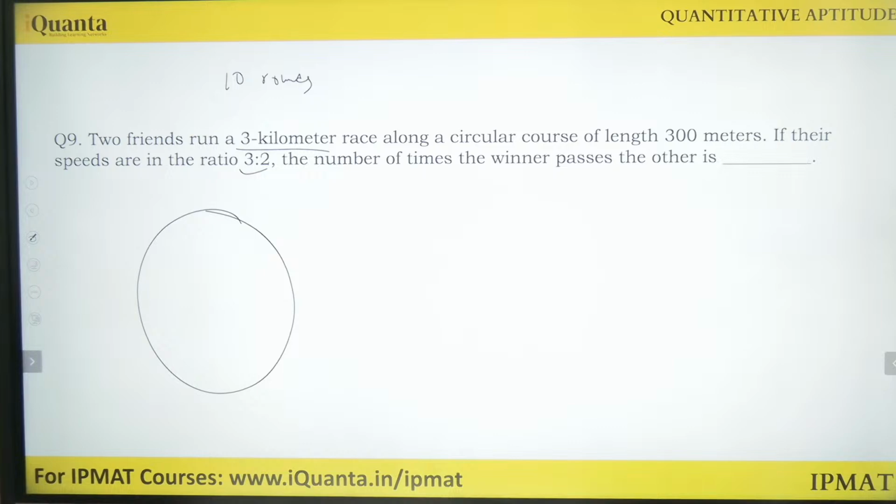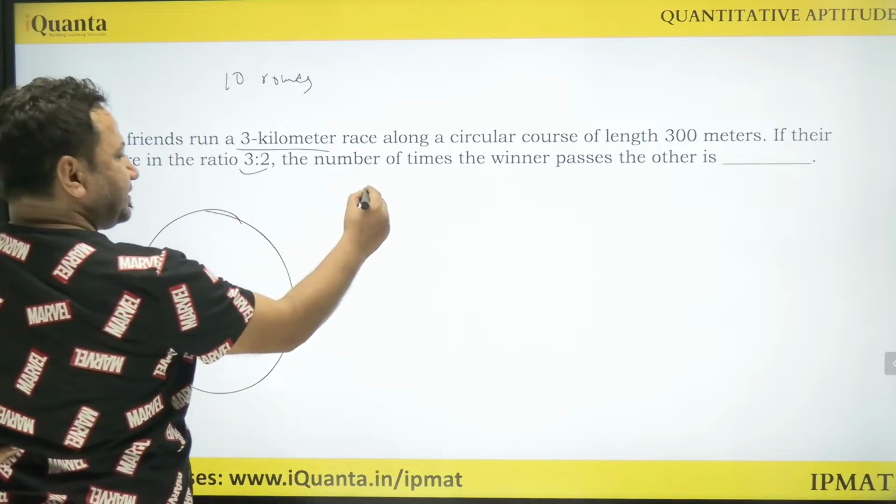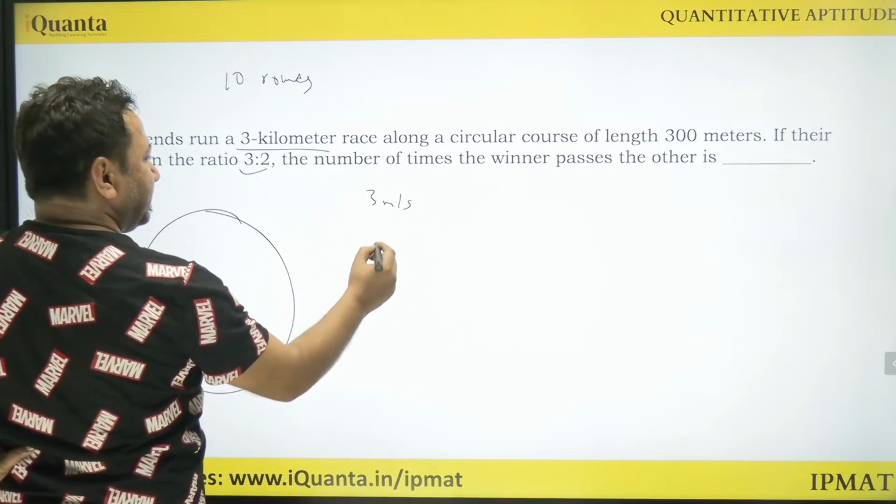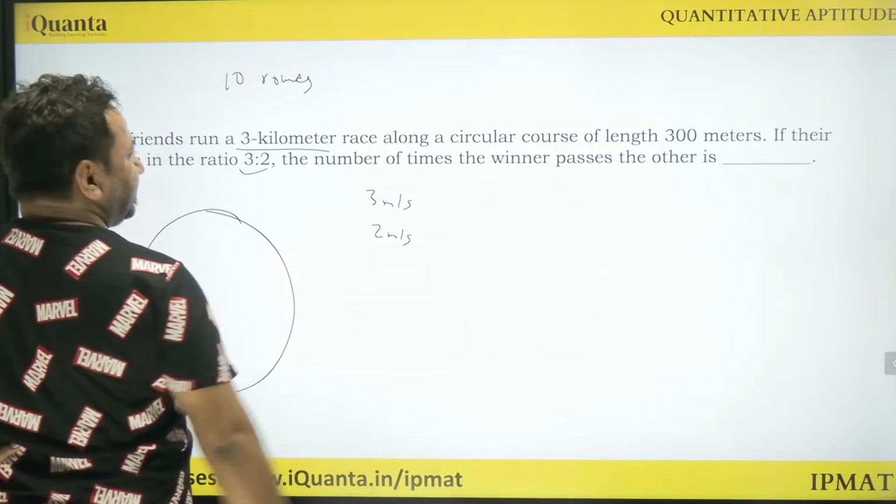All right. Let us assume that the first runner is running at the speed 3 meters per second, second at 2 meters per second.